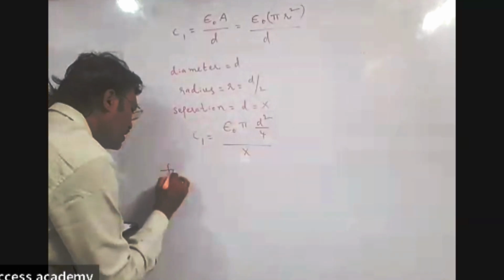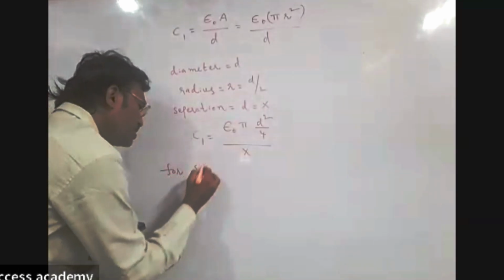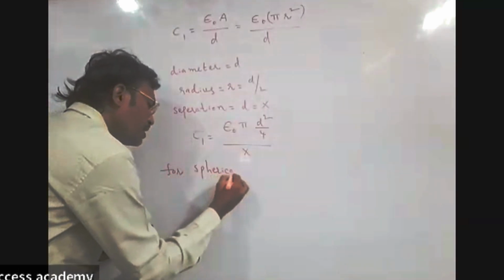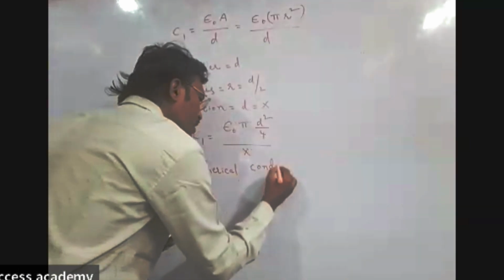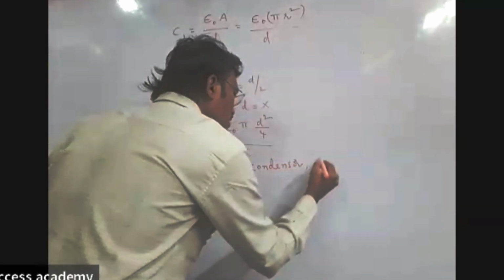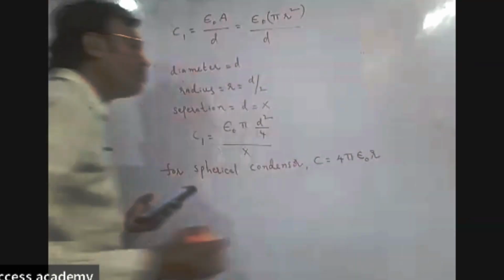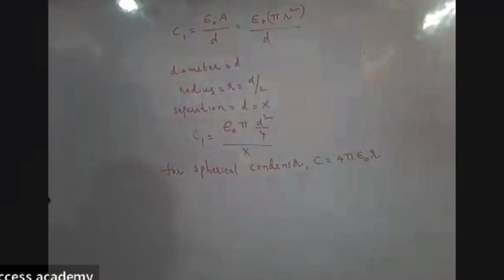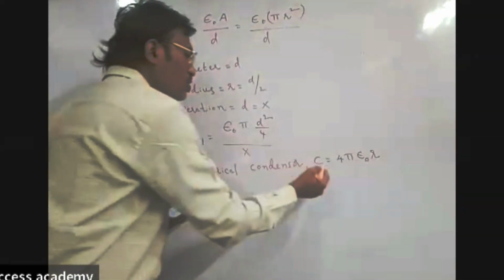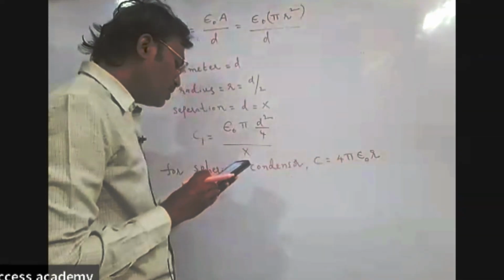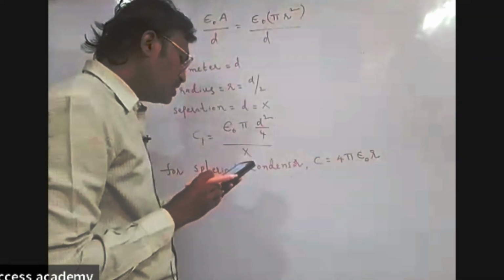So for a spherical condenser, what is the capacity? C is equal to 4 pi epsilon naught R. This is the formula of capacity of a spherical condenser or spherical capacitor. Here the radius is mentioned as D.